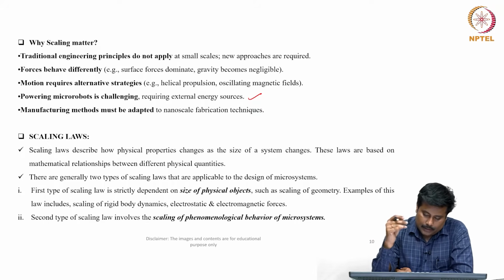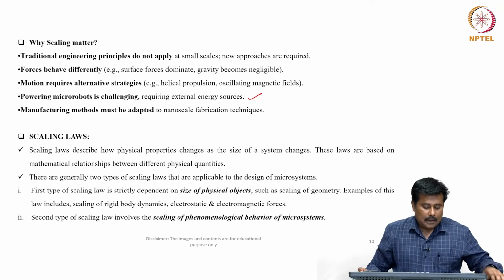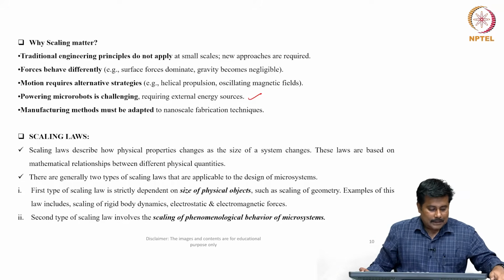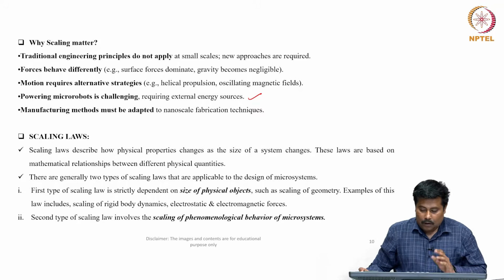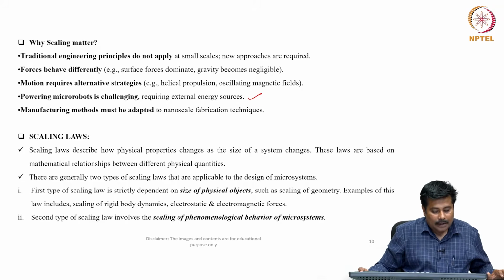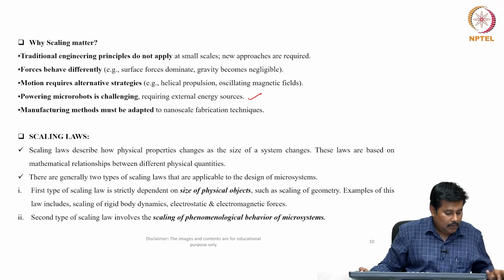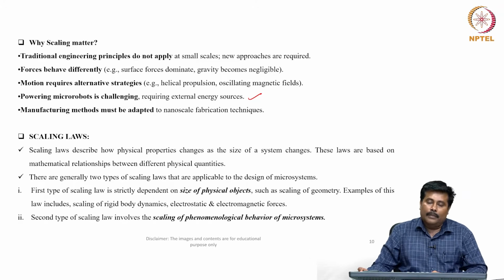Now when we look into the overall scaling laws, these scaling laws describe how physical properties change as the size of the system changes. These laws are based on the mathematical relationship between the different physical quantities. There are generally two types of scaling laws applicable to the design of microsystems.